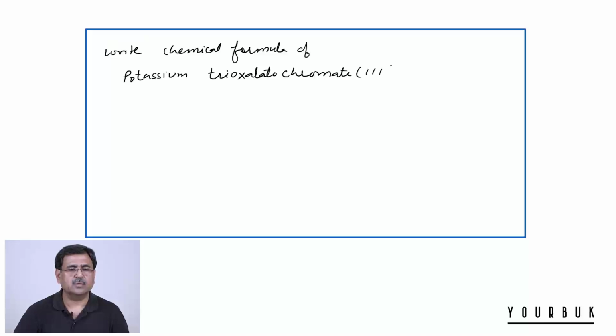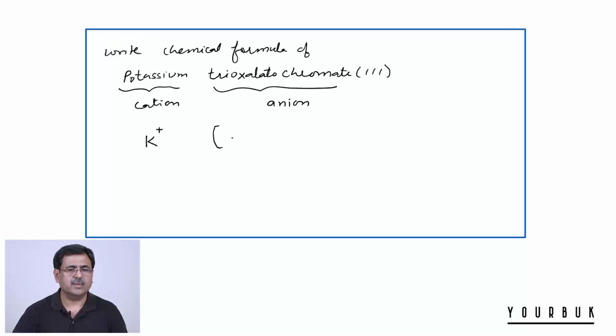Now this is the name of the coordination compound given. So potassium is our cationic part and trioxalato chromate is the anionic part. So we write potassium K, and K with a charge of +1.